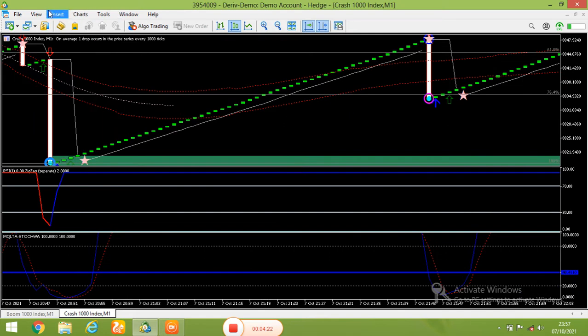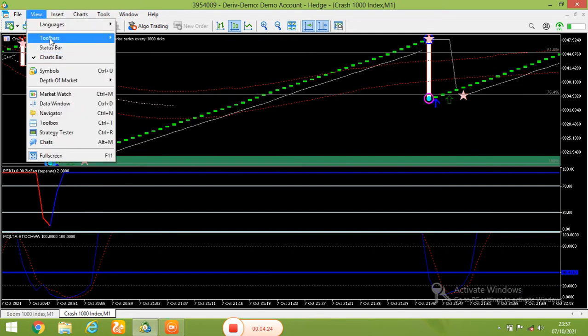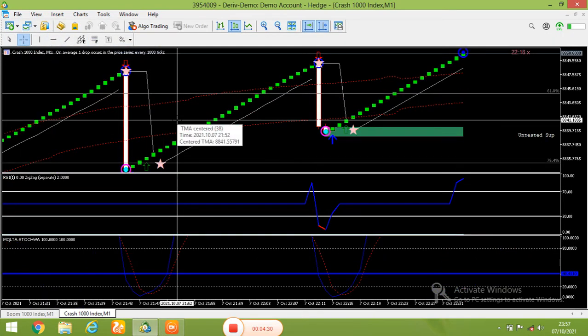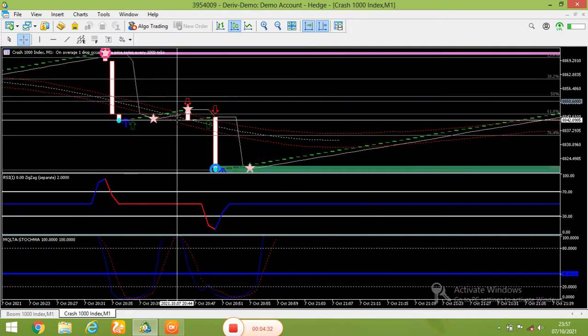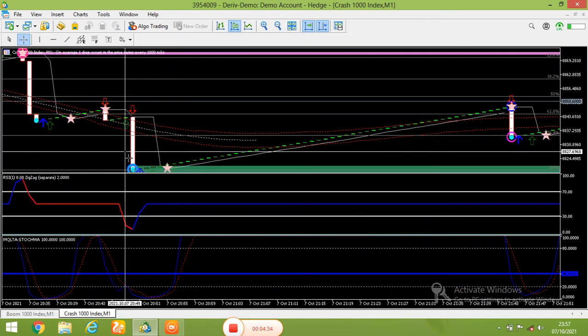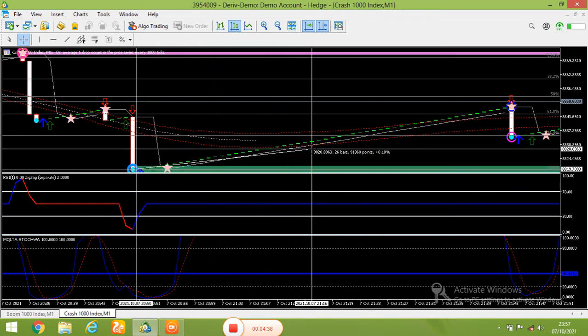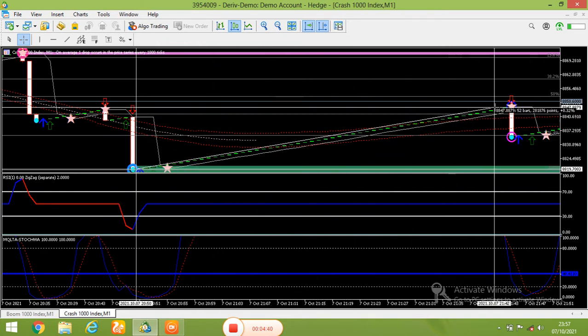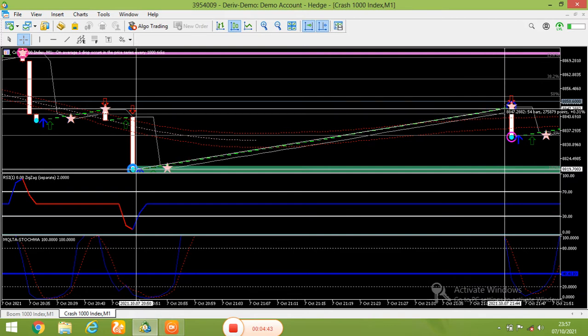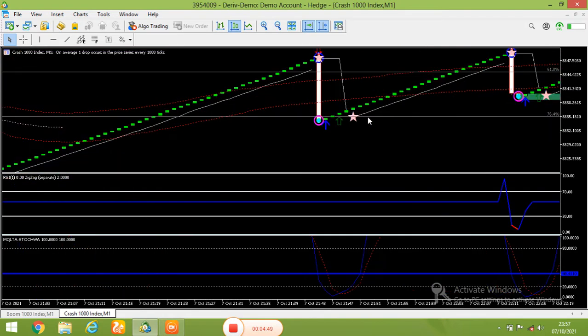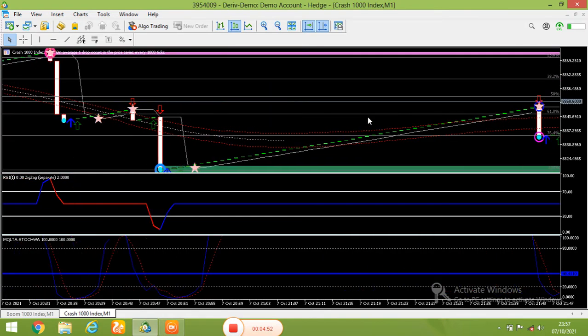Let's just check how many minutes we're able to get from this. Okay, from this area, before the drop, there was a bullish trend for 54 minutes.